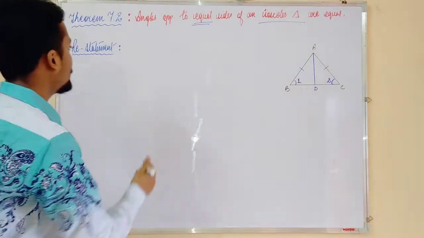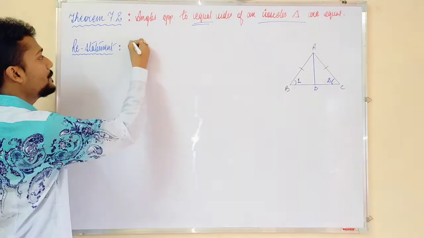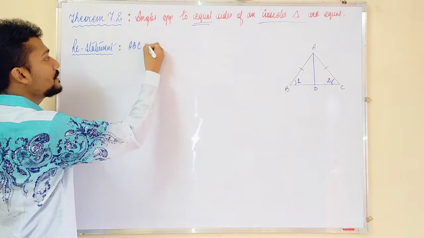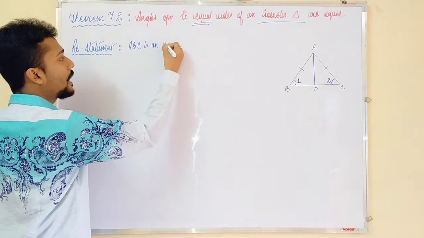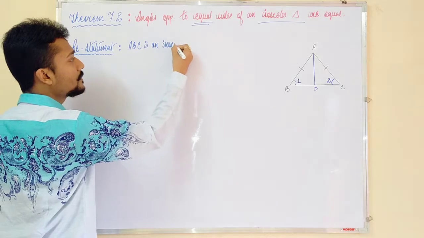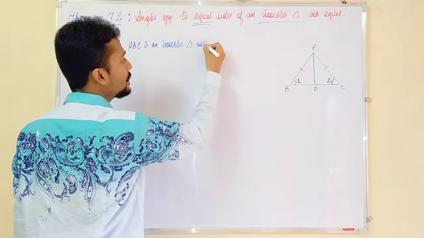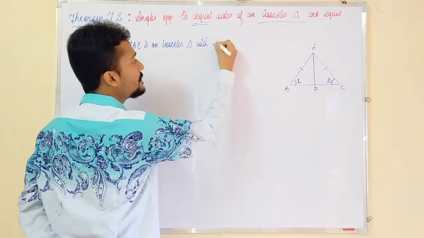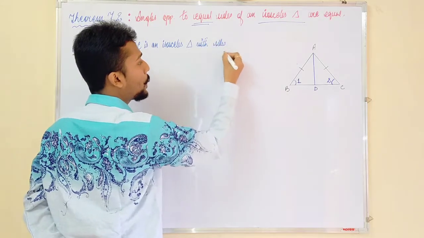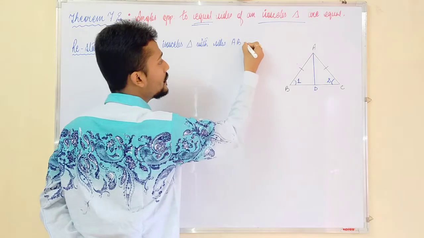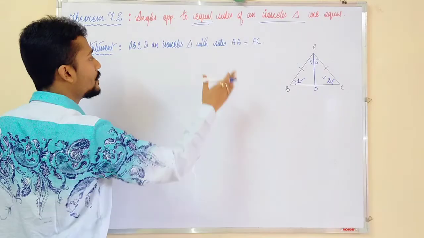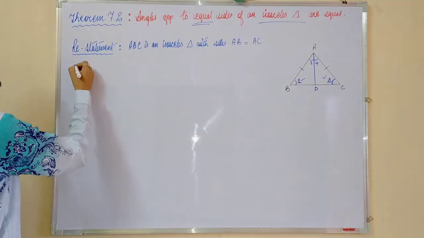Clear? So here I will write ABC is an isosceles triangle with sides AB equal to AC.